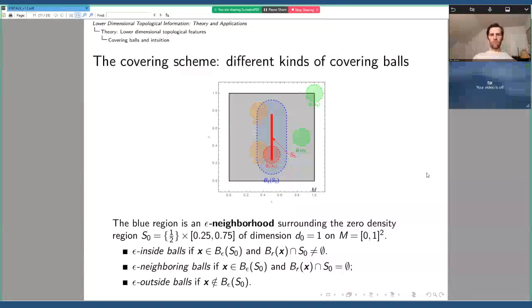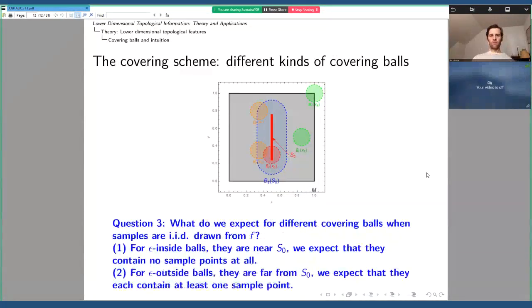And then intuitively, since those epsilon inside balls are so close to the zero density region, we suspect, okay, they might contain relatively little probability mass. So if we shrink them appropriately, we can avoid all those sample points that would be drawn from this density function.